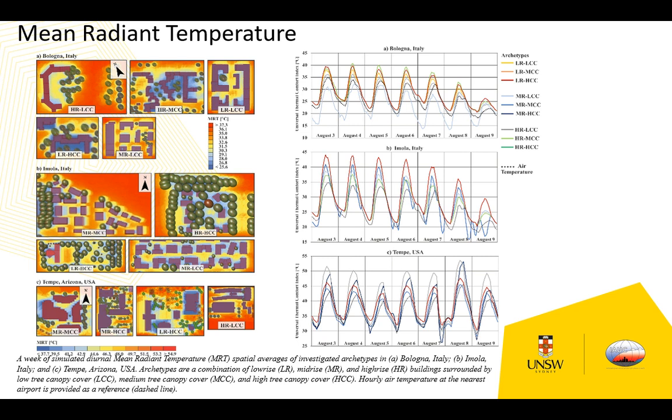For the mean radiant temperature, it shows different contexts in the urban area, like low-rise, mid-rise or high-rise buildings, and also low canopy cover, medium canopy cover, and high canopy cover. And the dashed line is air temperature, which shows the differences.